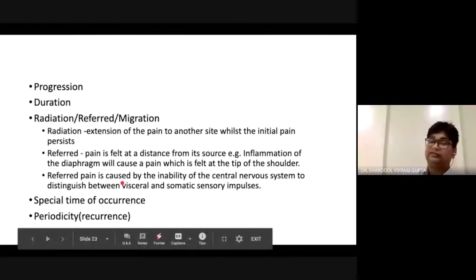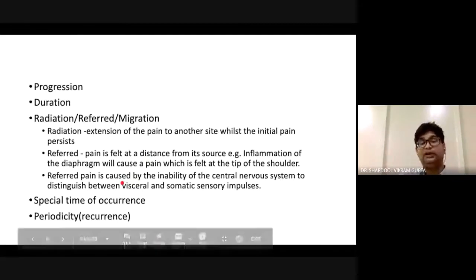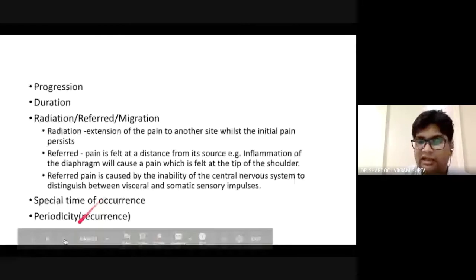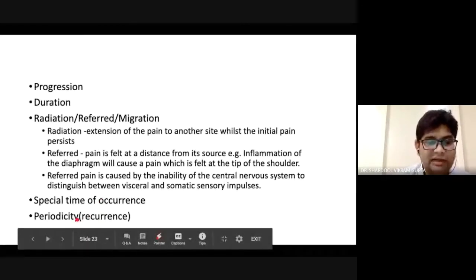The pain is first felt at the original site of pathology, then that disappears and it completely migrates to another site, like the shifting to the right iliac fossa in acute appendicitis. And ask about any special time of occurrence, like daytime, midnight, or any periodicity in terms of recurrence.